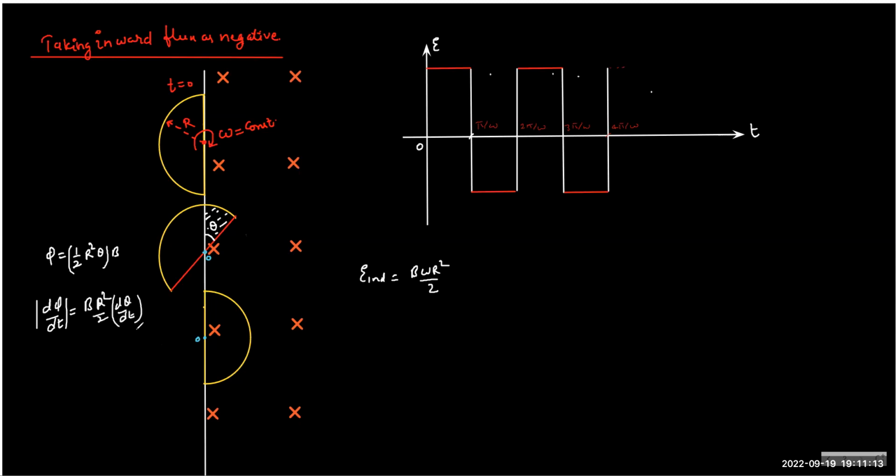And as you can see, theta is growing in value, so d theta by dt is a positive value, so you can add omega by 2. I hope this is clear. Yes, sir.